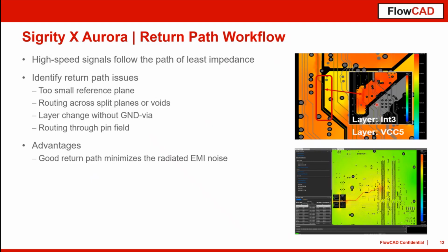And then when we toggle through the complete PCB on different layers, we can see, for example, here on layer 3, that was on layer 5 here, that the complete shape here is marked as red. This image represents that there's no direct way for the return path to close the return path loop.